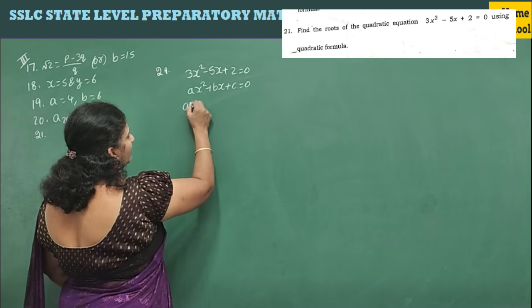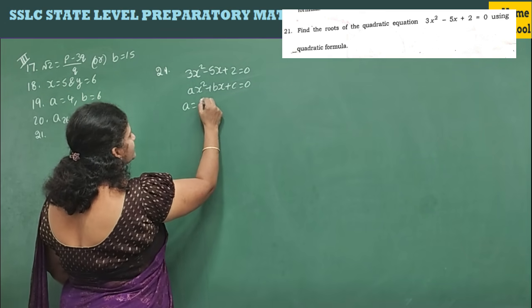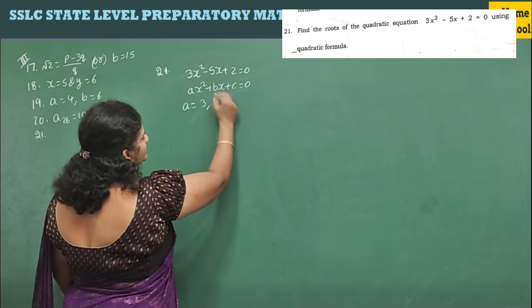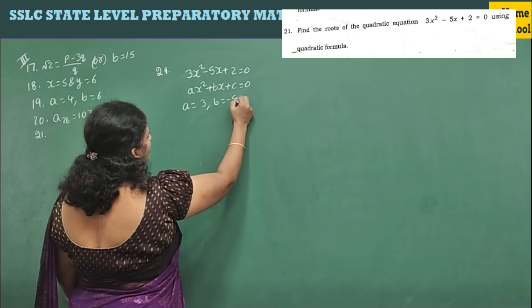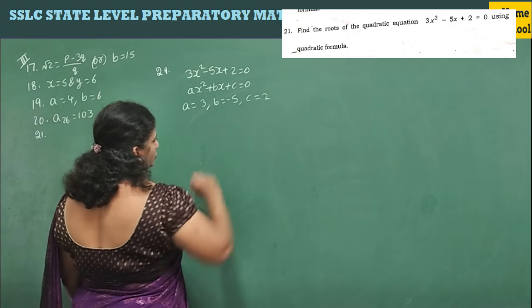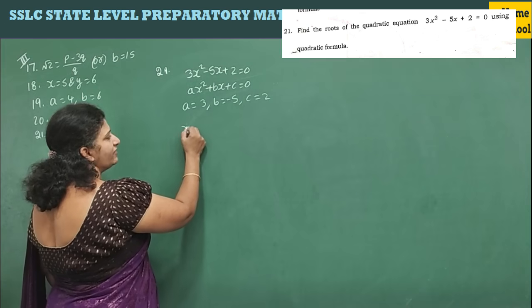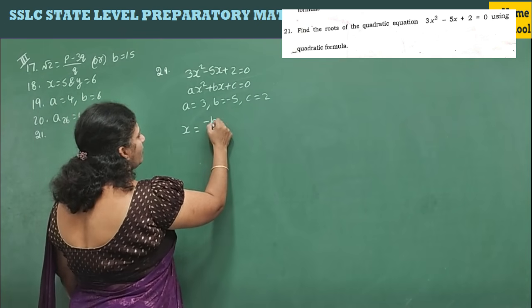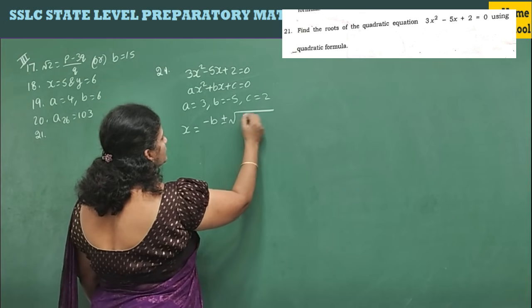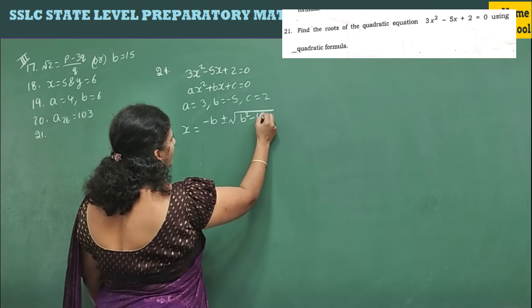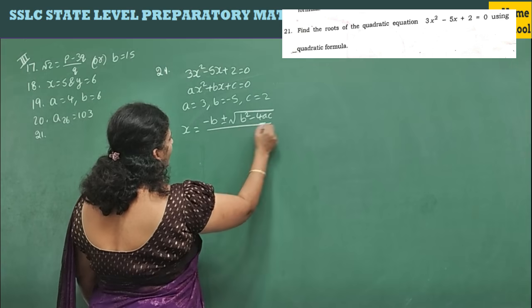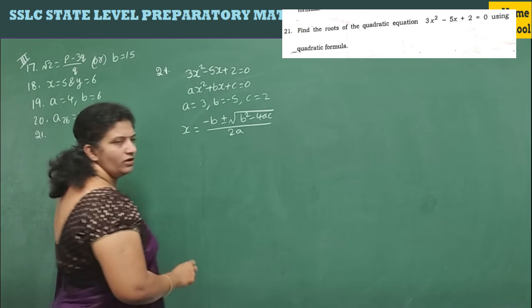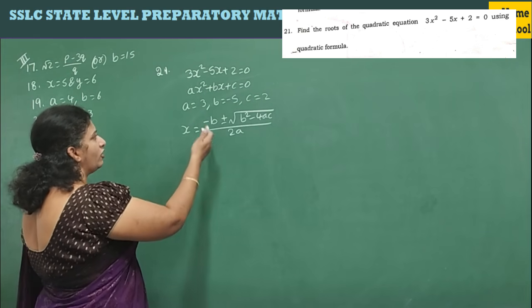Compare and write a value, b value, c value. a is equal to 3, b is equal to minus 5, c is equal to 2. The quadratic formula, that is x is equal to minus b plus or minus square root of b square minus 4ac by 2a. Okay, now we are going to substitute all in this.